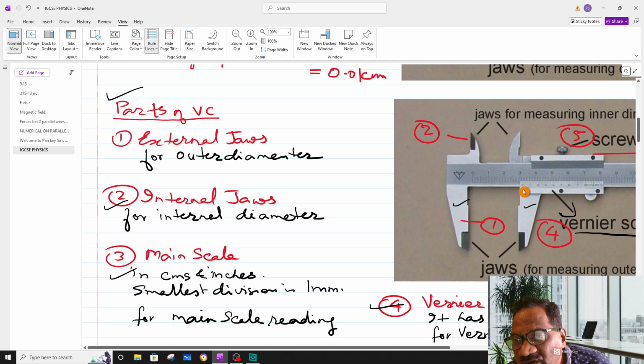Whatever numbers are written, that will be the number of divisions on the vernier scale. The numbers written start from 0, 1, 2, 3, 4, 5, 6, 7, 8, 9 and 10, so you can see there are 10 printed divisions. So the number of divisions on this vernier scale is 10, right?